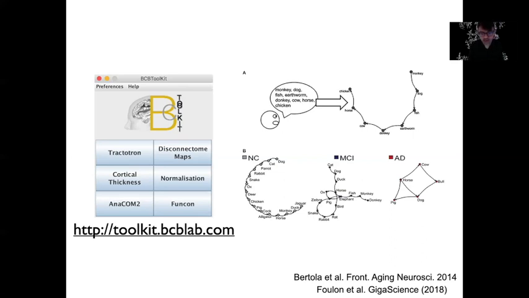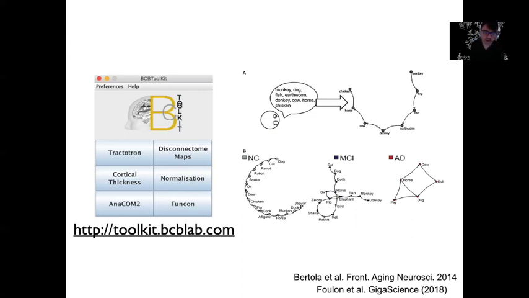Functional connectivity, I will briefly touch on this, is another way to assess the way regions communicate together through shared variance in the signal, and you need a resting state functional connectivity measurement to do that.